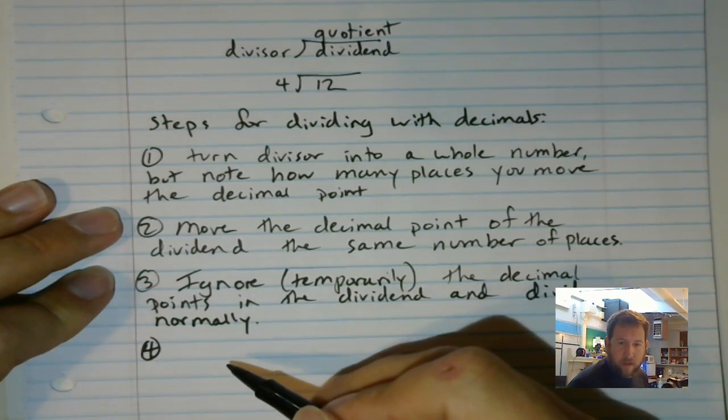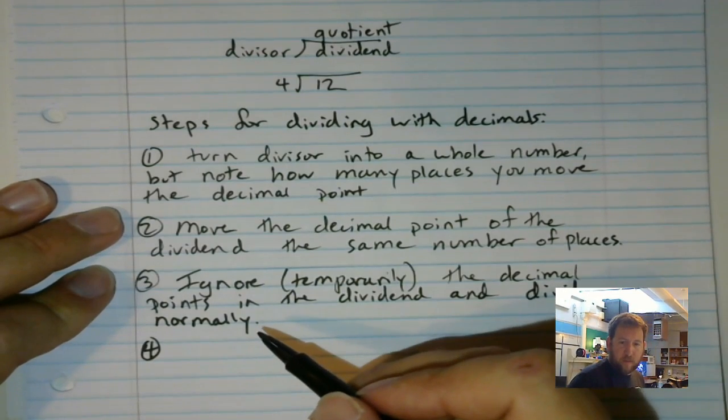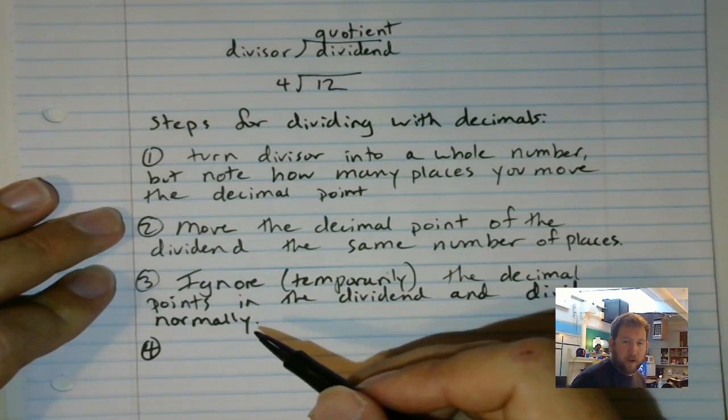And our last step: in your answer, insert a decimal point directly above the decimal point in your dividend.